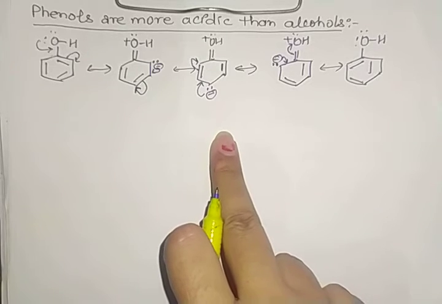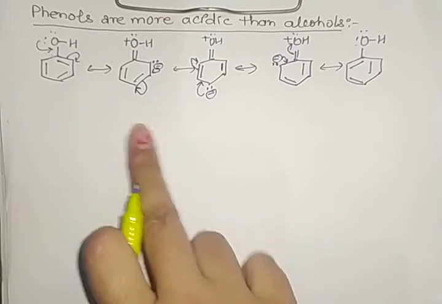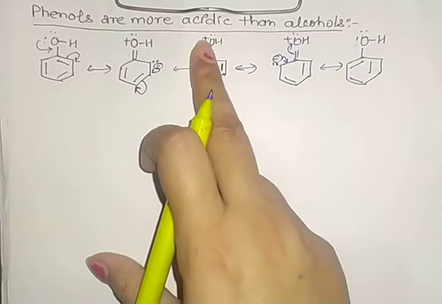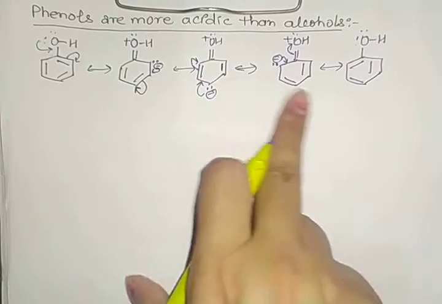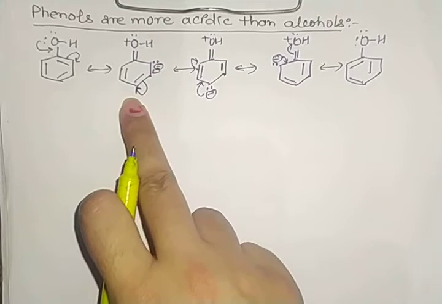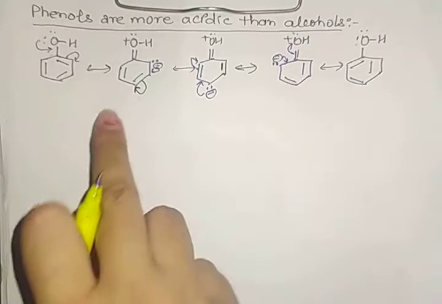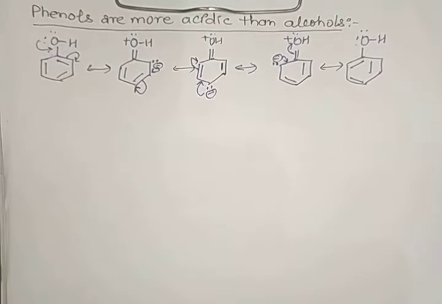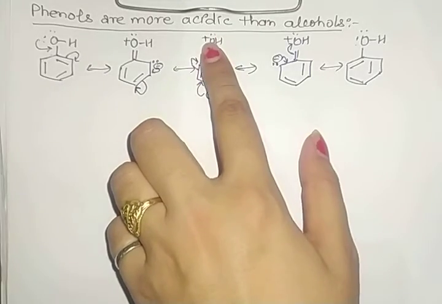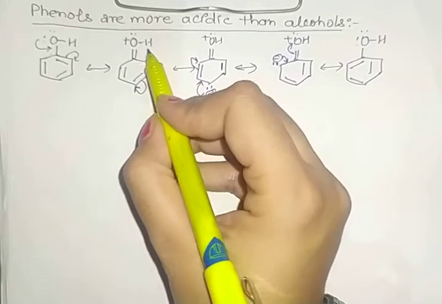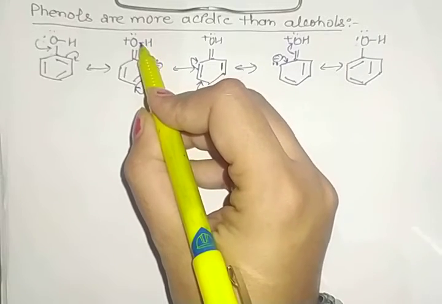Clear? So from this structure we can conclude that there is a positive charge on the oxygen atom. If you look at the second, third and fourth structures, there is a positive charge on the oxygen atom of the hydroxyl group. So this oxygen attracts the electron pair from the O-H bond.